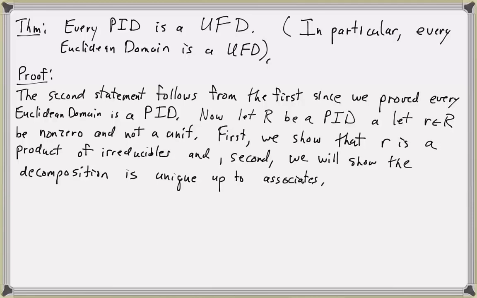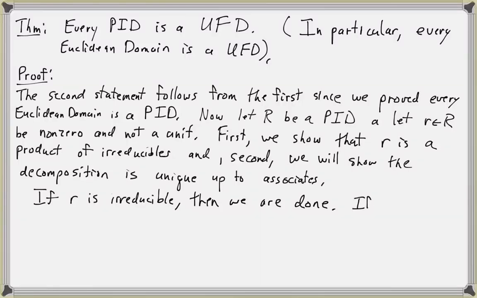So let's begin. Now if r is already irreducible, then we're done, because we just write r as the product with only one factor, itself. So if not, if r is not irreducible, then r can be factored.